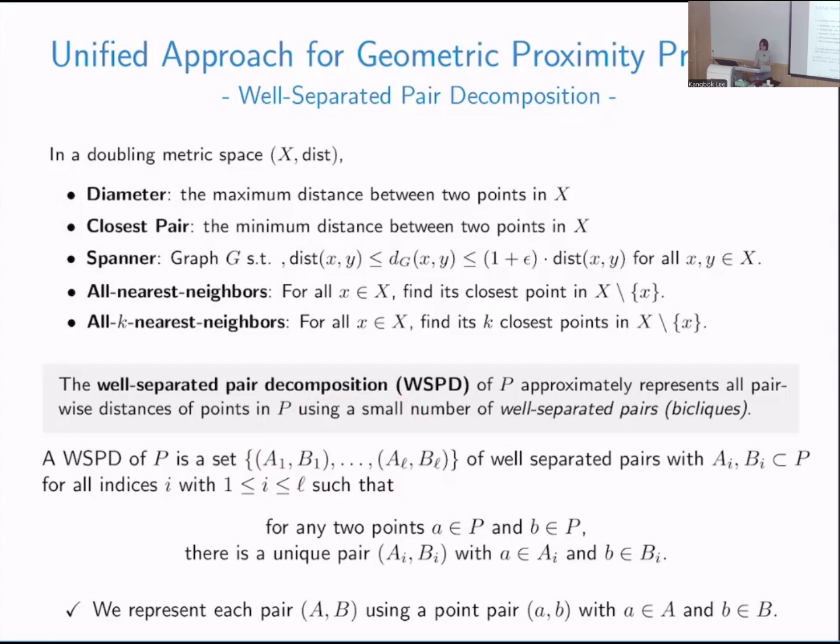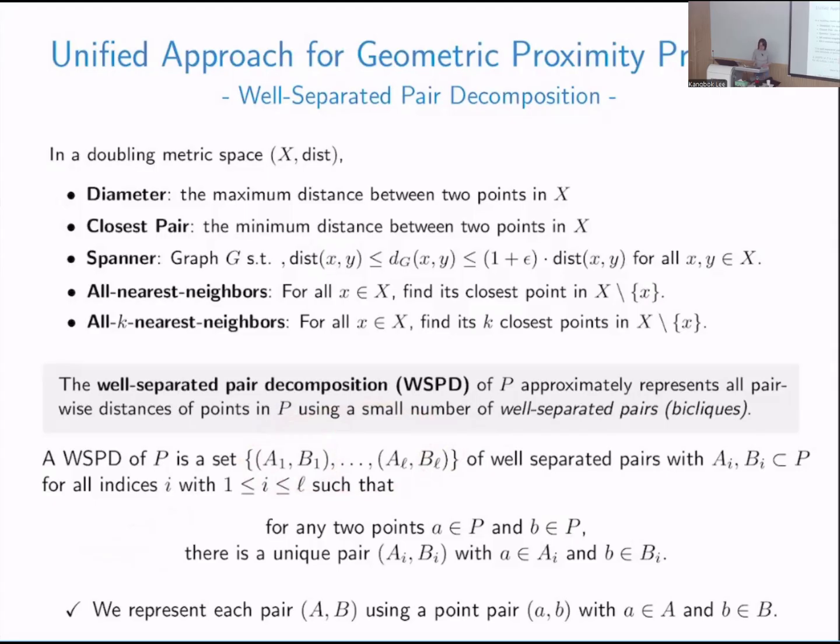Okay, as I mentioned earlier, to represent the pairwise distances between A1 and B1, we can use a single value. And because of this property, we can ensure that L, the number of pairs here, L values are sufficient to represent all pairwise distances between points in P. So if L is small enough, we can compactly represent all pairwise distances.